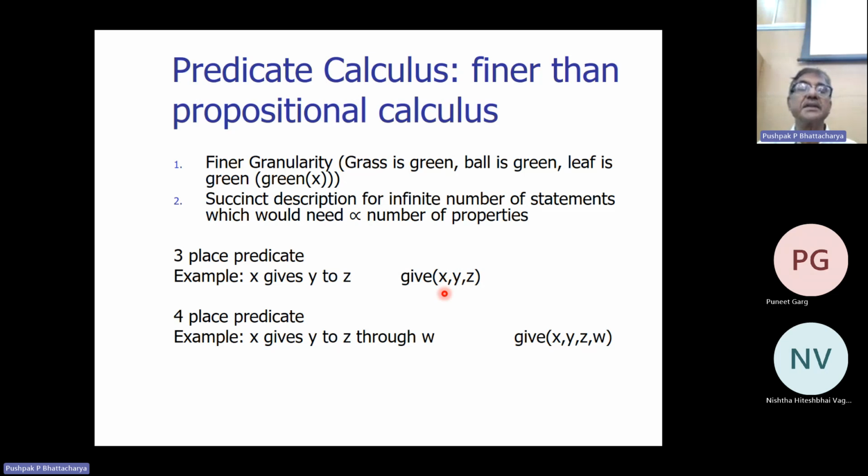Here x is instantiated to Ram, z is instantiated to Sham, and y to book. Okay. And you can have a 4 place predicate. So for example, x gives y to z through w. give(x, y, z, w) means x gives y to z through w.